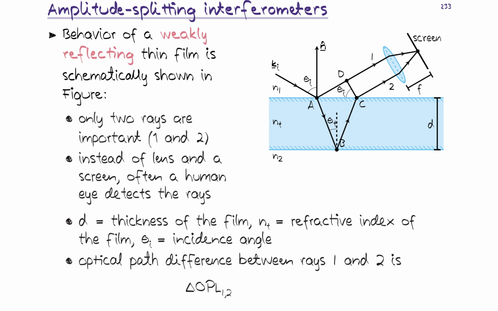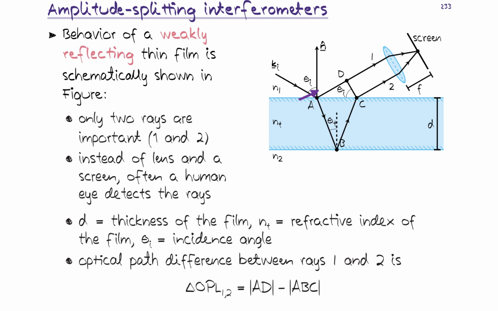And looking at the geometry in the figure, we can see that the optical path length difference between these two rays is essentially the distance difference between the AD length minus the ABC length here. So the path lengths from point D for ray 1 into the screen are exactly the same as for ray 2 coming from point C all the way into the screen.